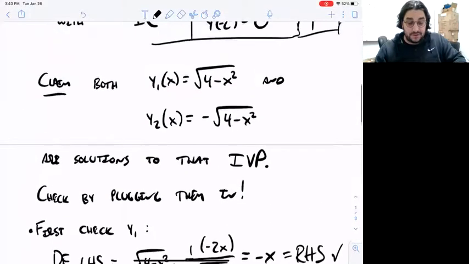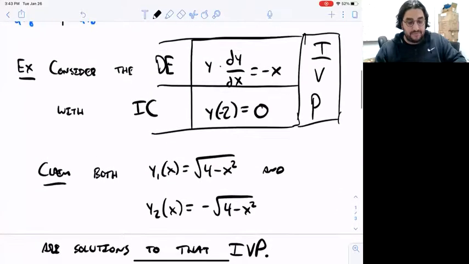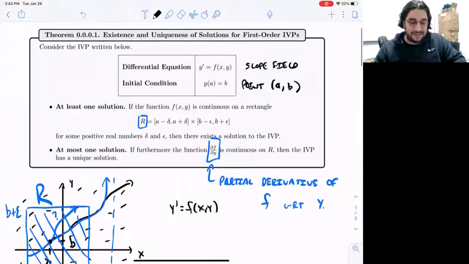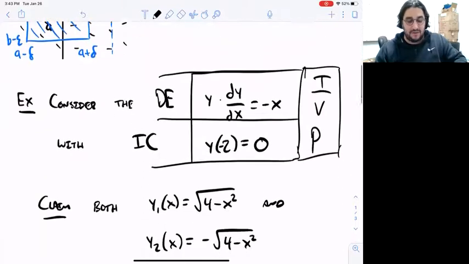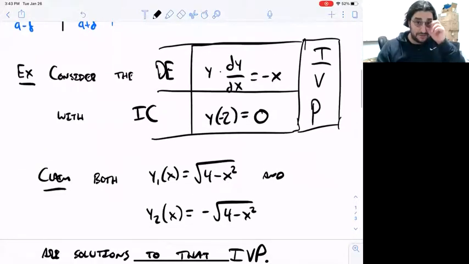Because we have two different solutions, this initial value problem must not satisfy the conditions of this theorem. The theorem must not apply because we're witnessing an IVP that has two different solutions.